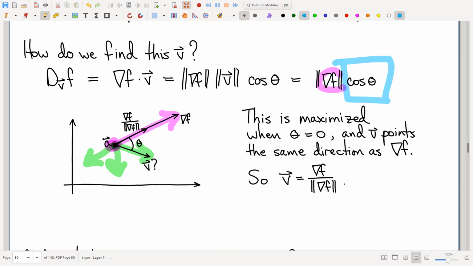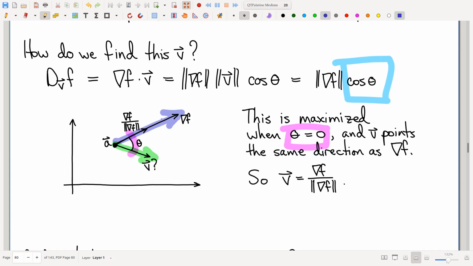We just need to optimize cosine theta. And that's an easy one. Total layup. How do you maximize cosine theta? Well, it's maximum when it's 1. Which happens when this angle theta here, that is, notice the angle between the direction I'm seeking and the gradient at the point A, when that angle is 0.